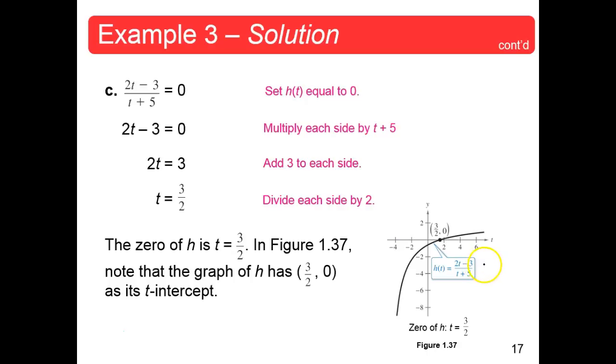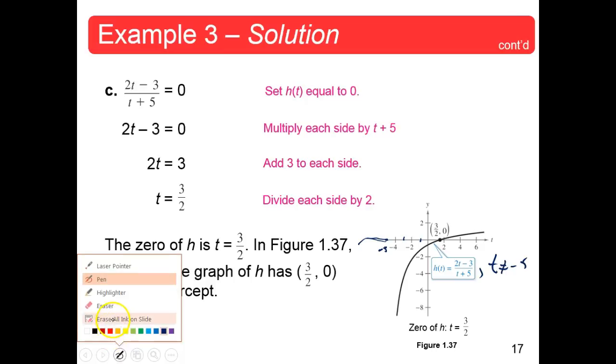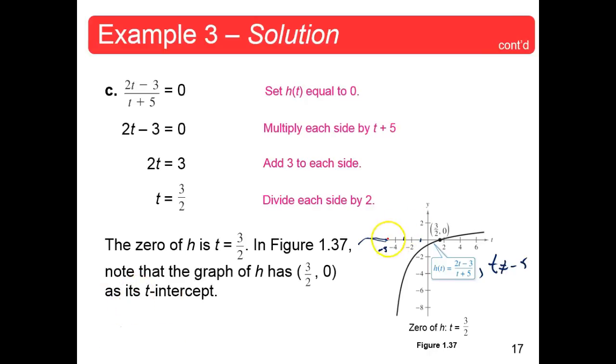What was the first thing we said about this? T cannot equal negative 5. So if you had gone on over here a little bit further with your x-axis, it would be 1, 2, 3, 4, 5. Negative 5 would be here. Everywhere along this line, t is negative 5.